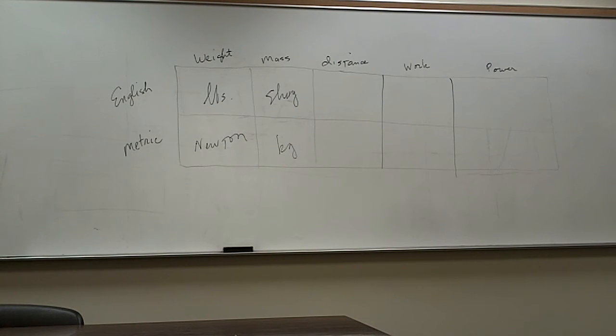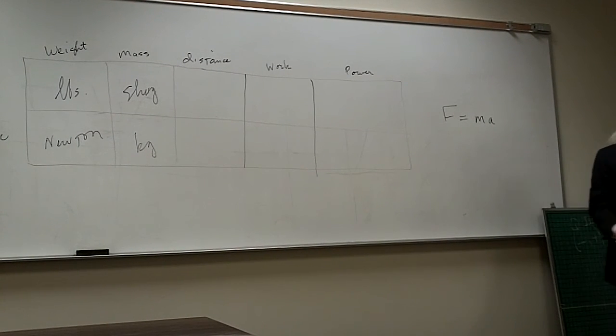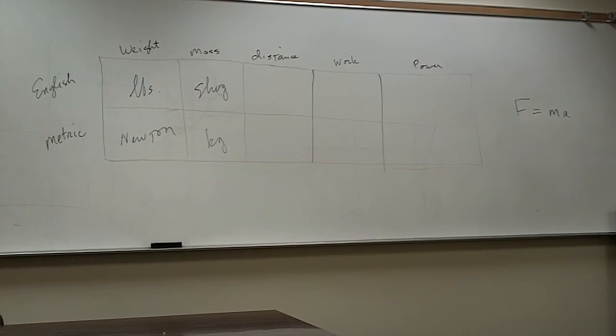You're putting a weight on this earth, and it is so many pounds. How do you get a force? Force is equal to mass times acceleration. Mass is in slugs. Acceleration is in feet per second per second.